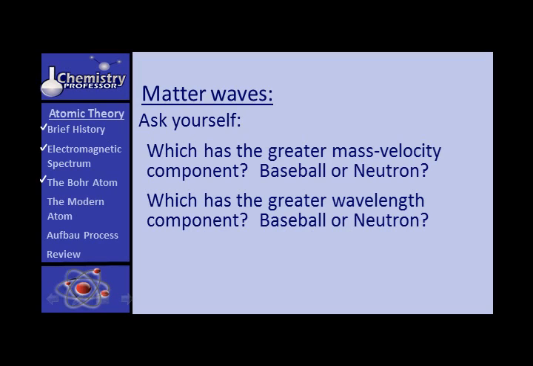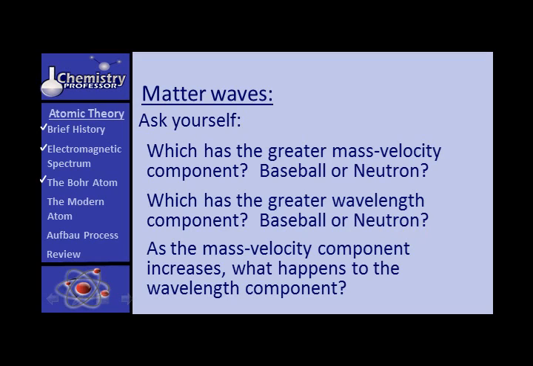Which has the greater wavelength component, the baseball or the neutron? Well, it's the neutron, folks. So then, as the mass velocity component increases, based on what we just saw, what do you expect to happen to the wavelength component? Make note of that.